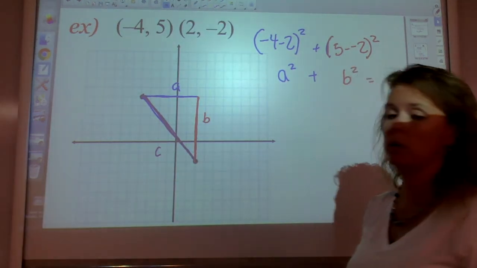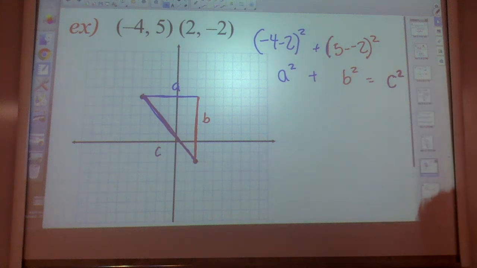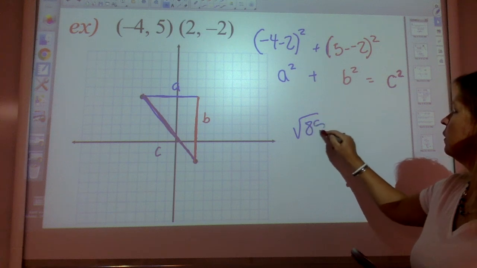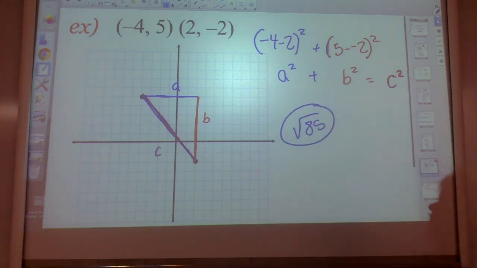What do you get when you type that all out? Should be the square root of 85, which again is irrational, so you won't put it as a decimal.